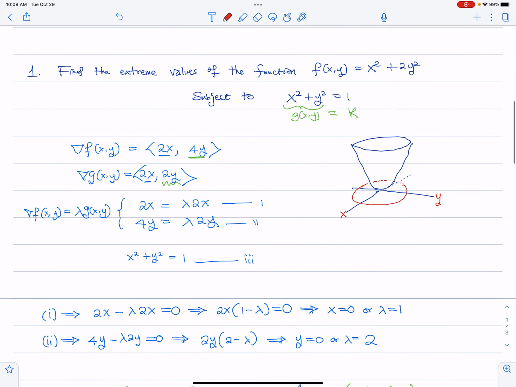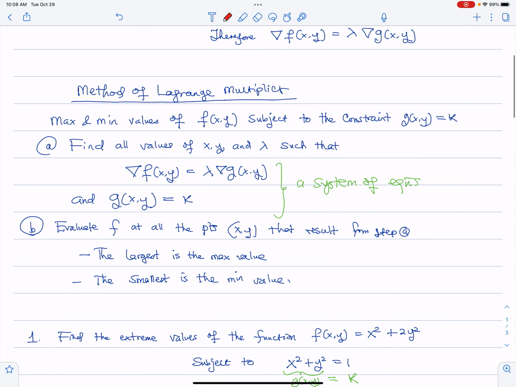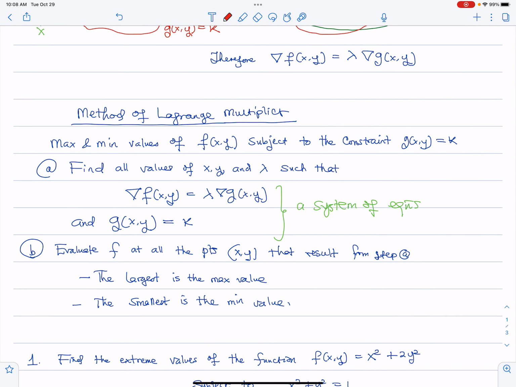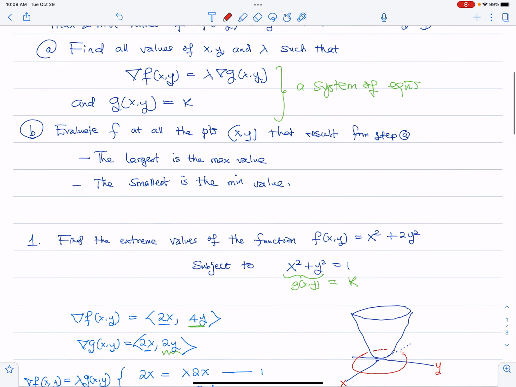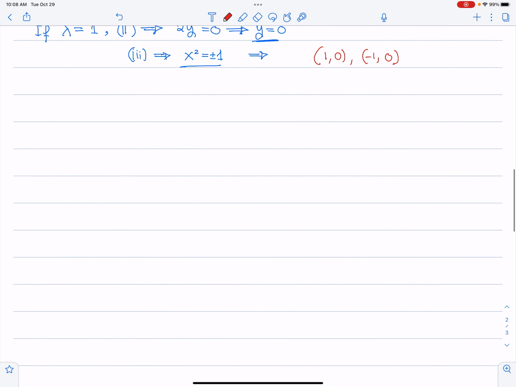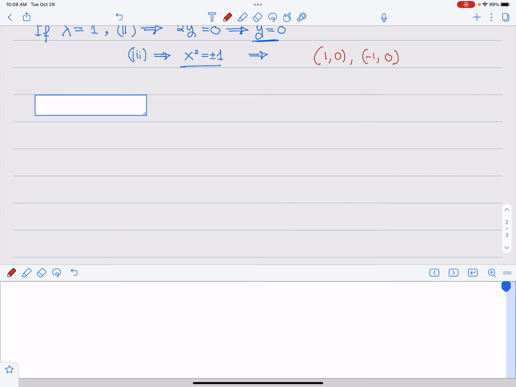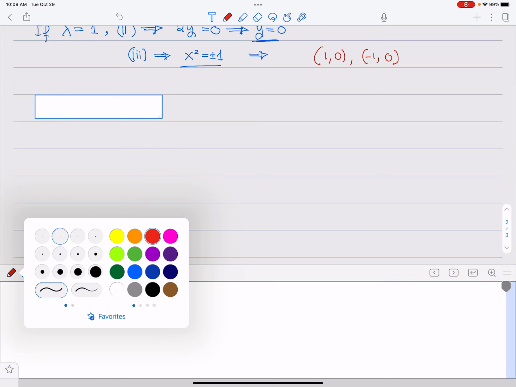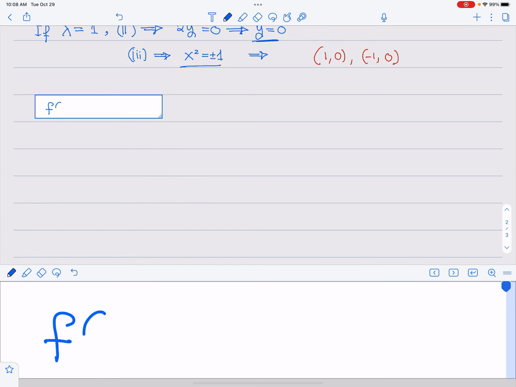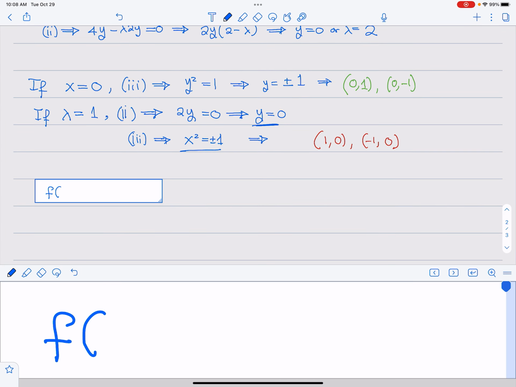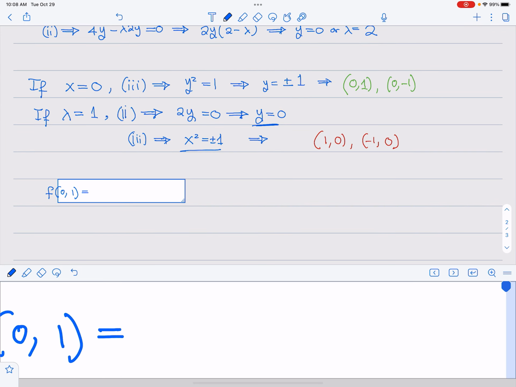So let's look at our steps for the Lagrange multipliers. The step says solve this system of equations, which we've solved. Then we're just going to plug it back into f. So if you plug in f of 0, 1, what is that?